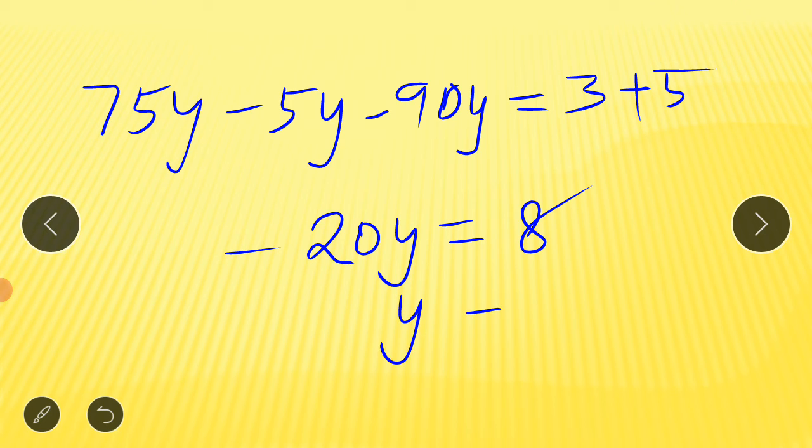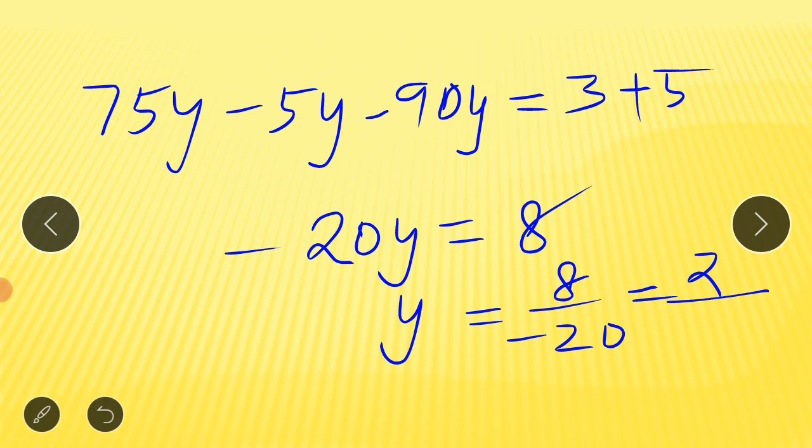So now y equal to, this minus 20 becomes division, and it can be simplified by the common factor 4. 2 times 4 is 8, so minus 5 over 2, that is, y equals minus 2 by 5.